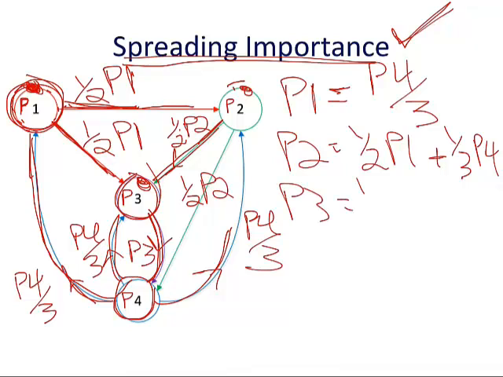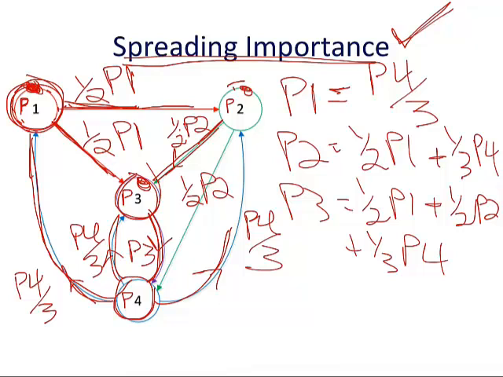So P3 is 1/2 P1 plus 1/2 P2 plus 1/3 of P4. And finally, P4 receives from P3 and also 1/2 of P2. So it's going to be P3 plus 1/2 P2.